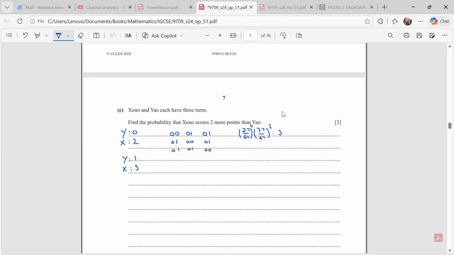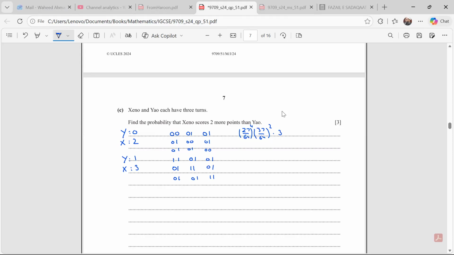In the same way, consider the probability that Yao gets 1 and Zeno gets 3. What are the possibilities for that? Yao gets 1 and Zeno gets 1 as well, or Yao does not get anything and Zeno gets 1, or this one, right? In the same way, it is possible that in the first turn they have 0 1, 1 1 and 0 1, or the first turn again 0 1 and 1 1.